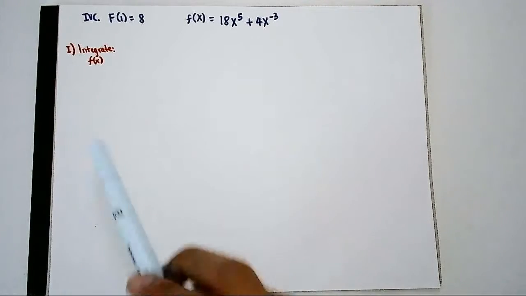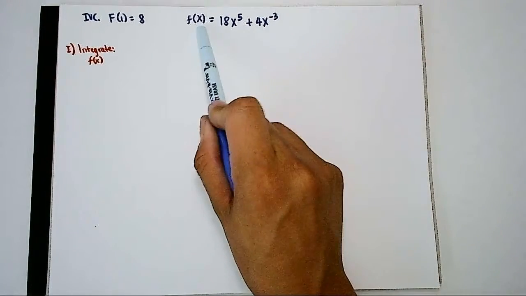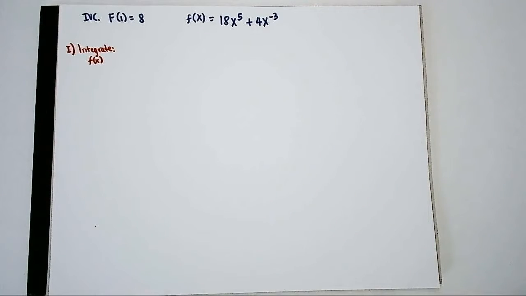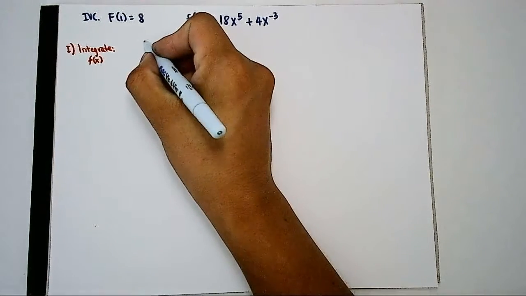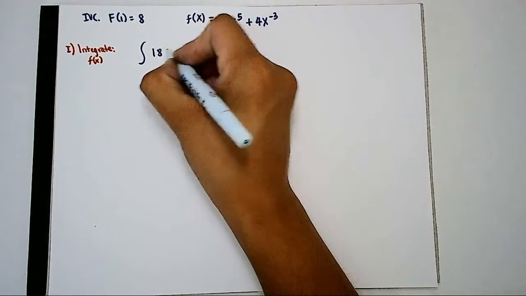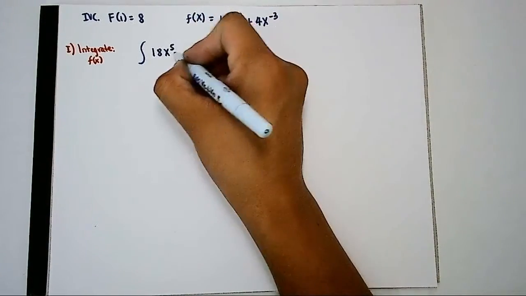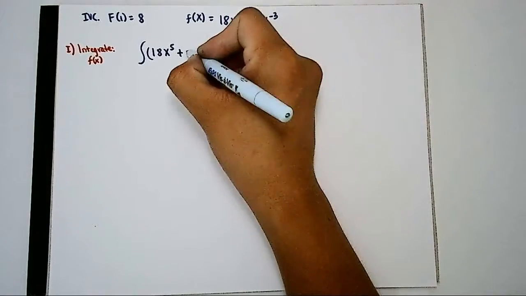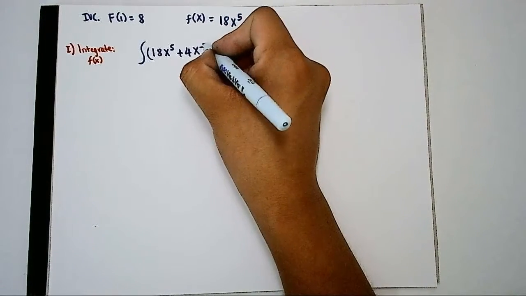Here we have the initial value condition and the marginal function. First, we will integrate the marginal function to obtain the generic function. This is the integral of 18x to the 5 plus 4x to the minus 3.